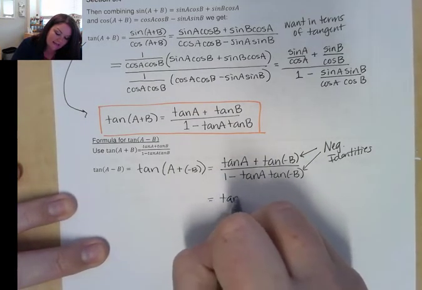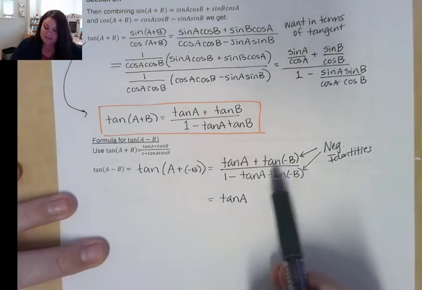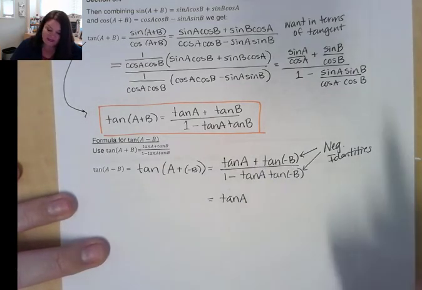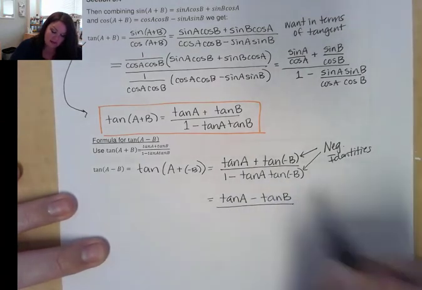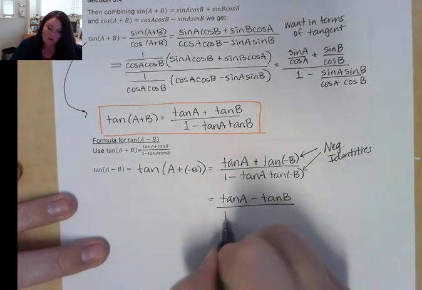So when I change the sign, how is that going to change my formula? This tangent A stays the same, but this is going to become a negative tangent B. And on bottom, I'm still going to have my 1.